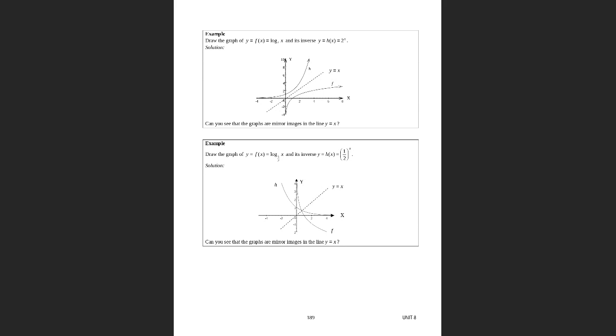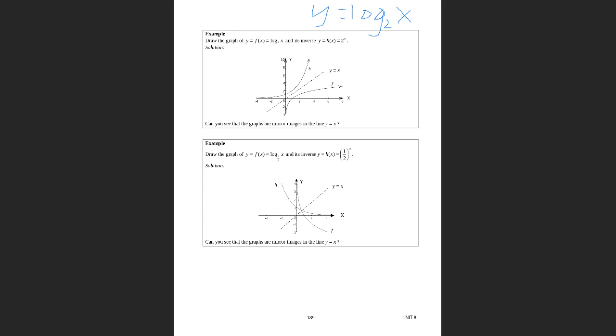For instance, if I ask you to draw the graph y equals log base 2 of x, you simply have to know that this is an inverse of some original graph somewhere.